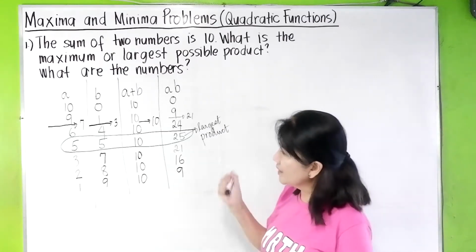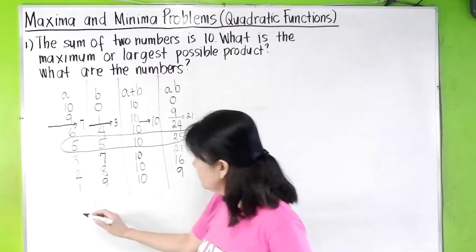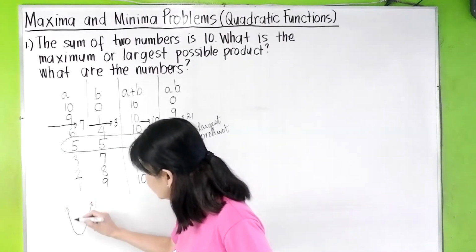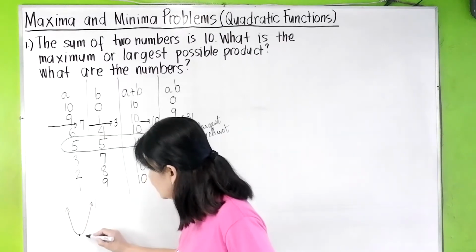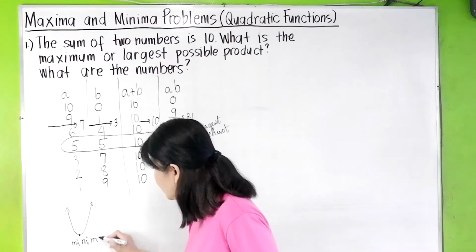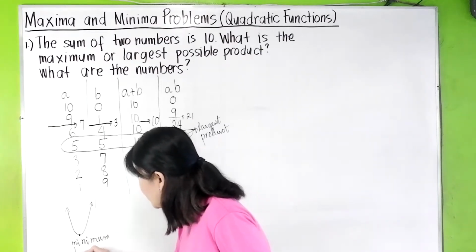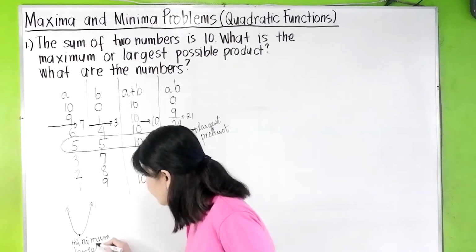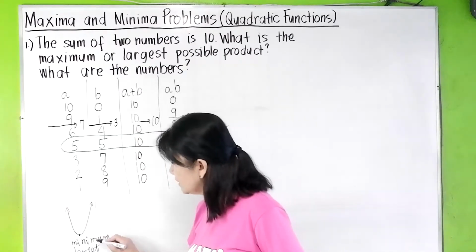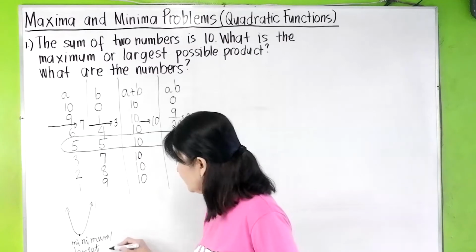Why do we have to use the vertex? Because if the parabola is opening upward, the vertex gives us the minimum or the lowest value. The y value of the vertex gives us the minimum or the lowest value.